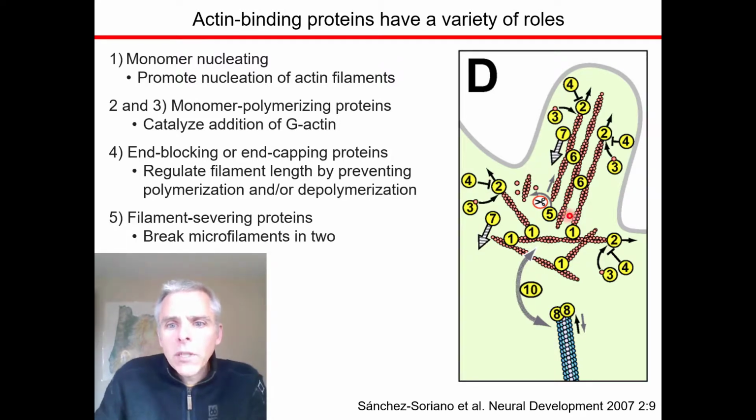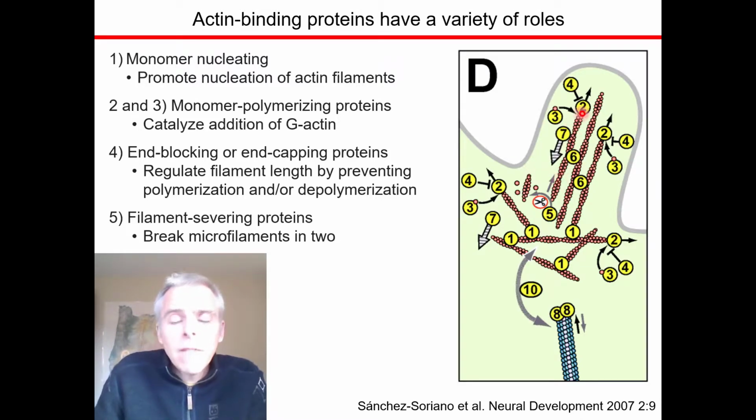What you see represented by the number 5 here with these scissors are what we call filament severing proteins. As I've talked about in this video, ATP G-actin monomers are added to filaments, but ADP G-actin monomers fall off filaments. So if you want to break up a microfilament quickly, what you need to do is expose the ADP G-actin monomers, which are in the middle of the filament.